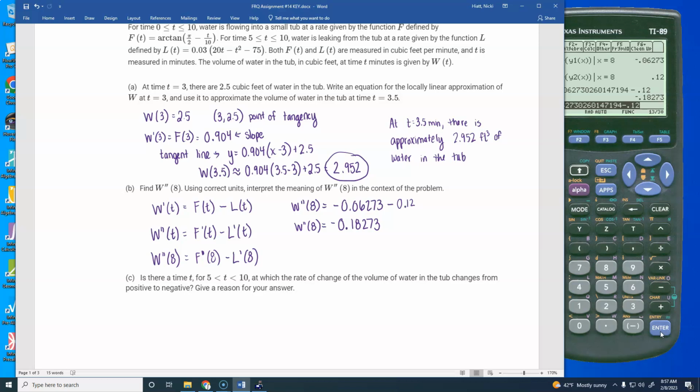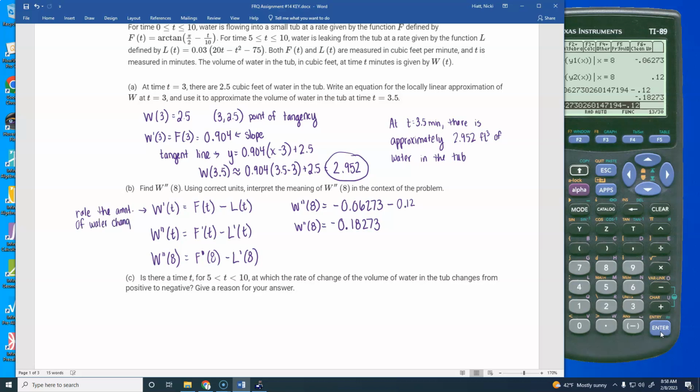Now we have to decide what in the world that means. Okay. W prime is the rate the amount of water changes, right?